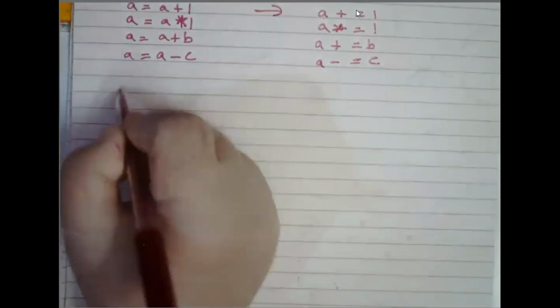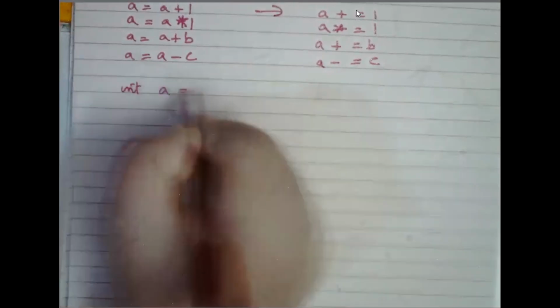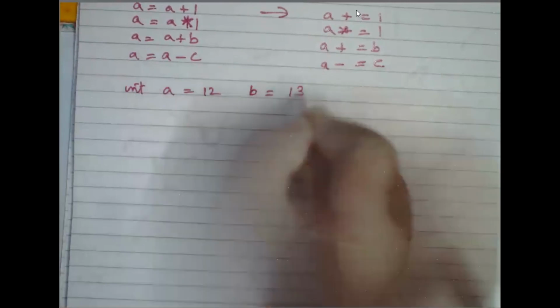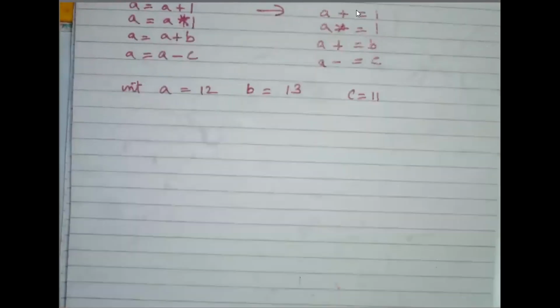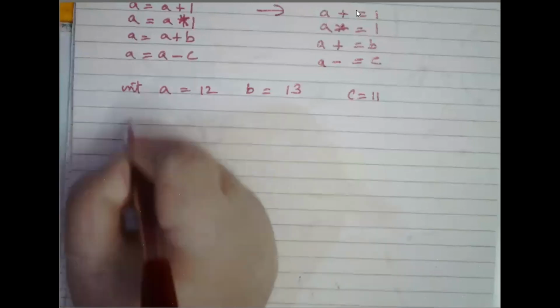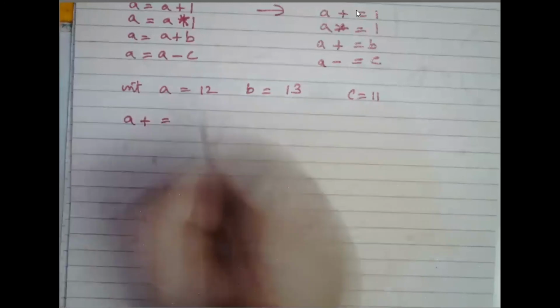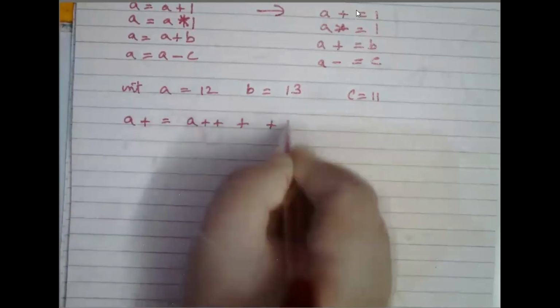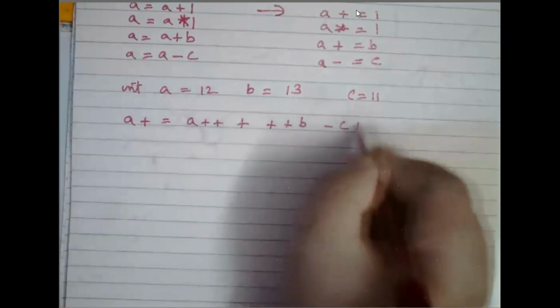Suppose the integer A equals 12, B equals 13, and C equals 11. I'll do the same question with the help of a shorthand operator. Suppose I write A plus equals A plus plus plus plus plus B minus C plus plus.